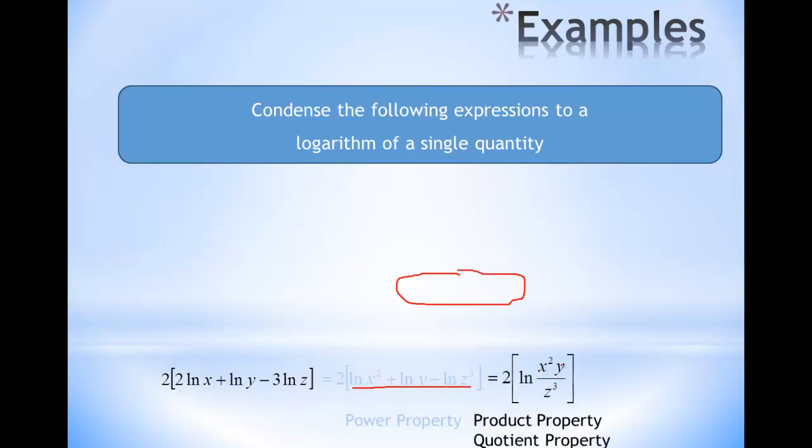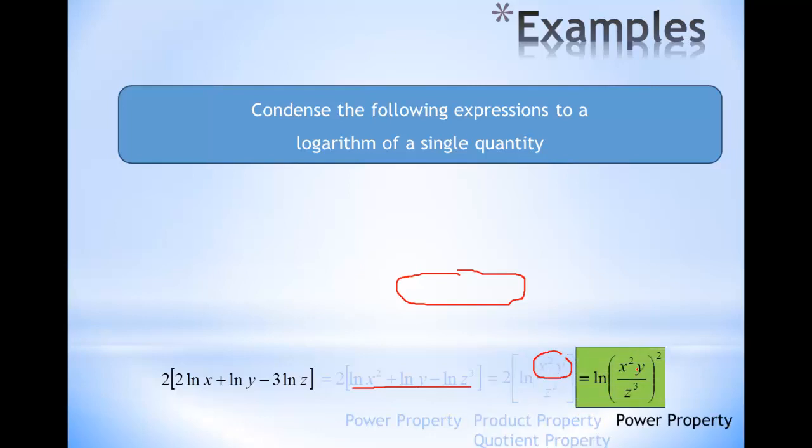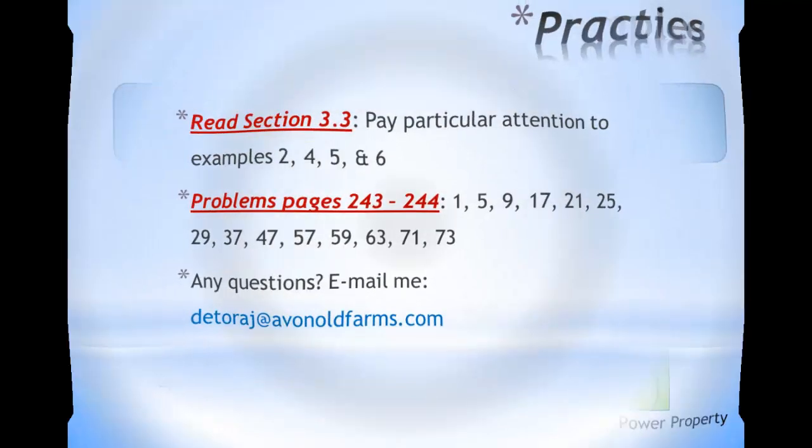So here's the product part of it right there. That's where I had my x squared plus ln of y. And then because I had minus, I put it in the denominator. Last thing I need to do is bring that 2 and make it the power for everything on the inside. And there's my power property. Hopefully that makes sense.